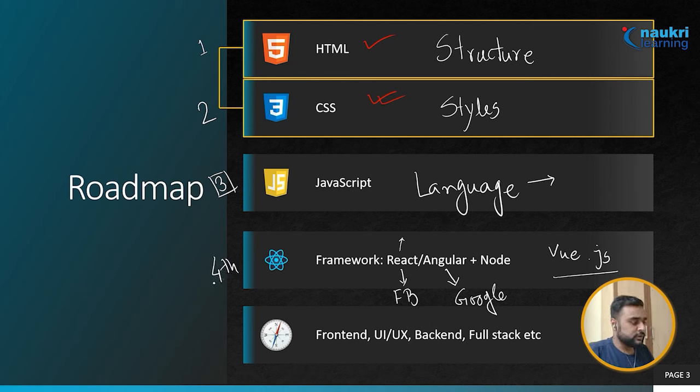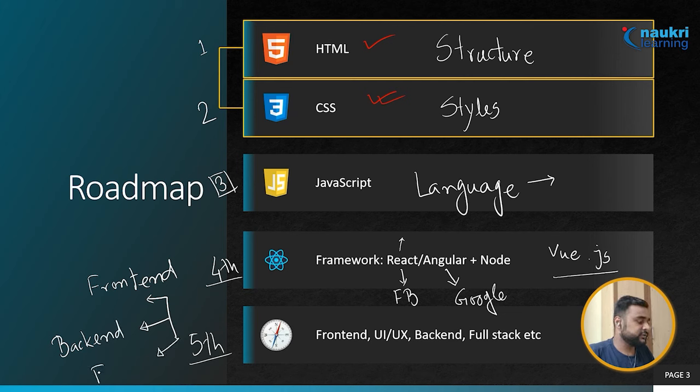And after you learn one framework, this is your fifth possibility: you have to choose where you want to go. You can go to front end, you can be a back-end developer as well, and a full stack also. Let's get started.